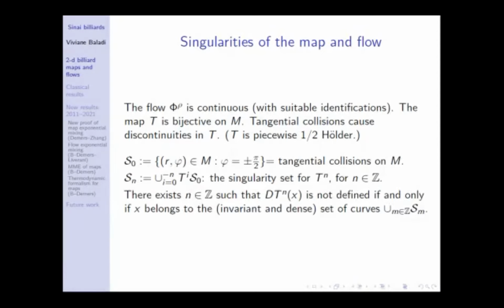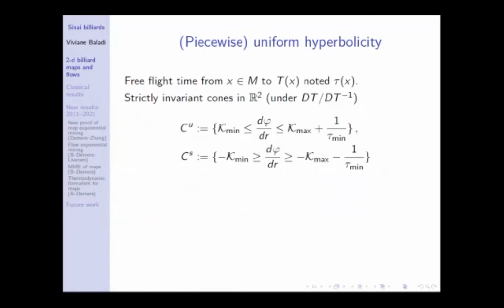And as we're doing dynamics, it's not enough to look at this set, which looks pretty harmless, right? It's just a union of curves, but we have to iterate it. And when you iterate this finite union of curves infinitely many times, then you get a dense set of curves, okay? So the singularities are really all over the place. It's a dense set of curves. That was the bad news.